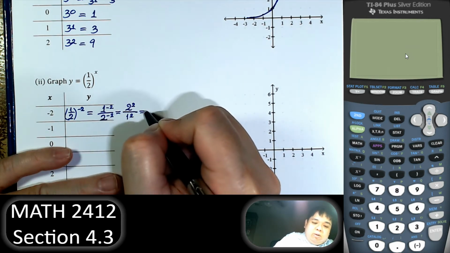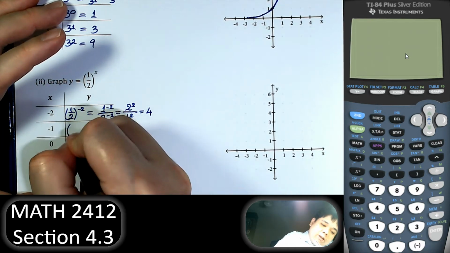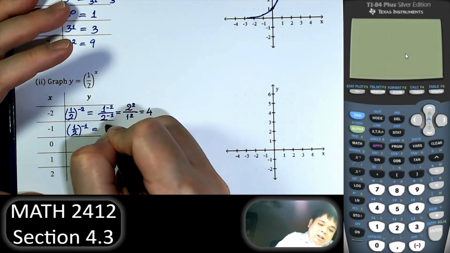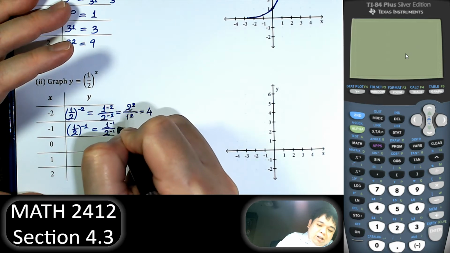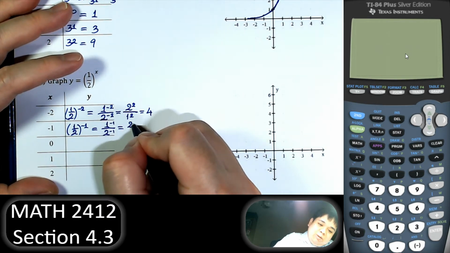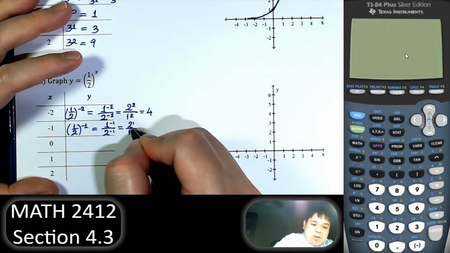That is 4 over 1, is 4. 1/2 raised to negative 1. 1 to negative 1, 2 to negative 1. Once again, cross the line, change the sign. 2 to the first power on top, 1 to 1 at the bottom. So 2 over 1 is 2.